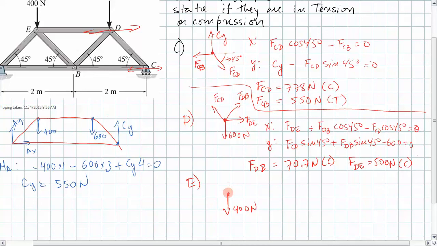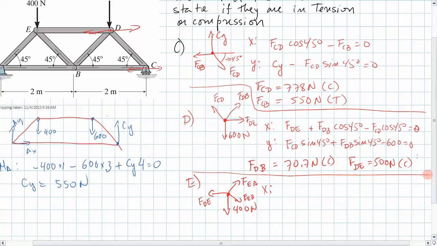Then I have FDE coming this way, FEA coming this way, and also FEB, which is this force here, coming this way.